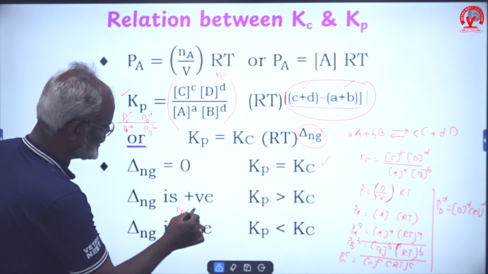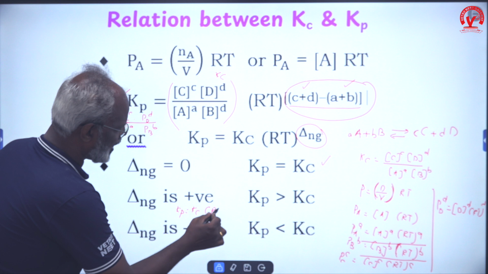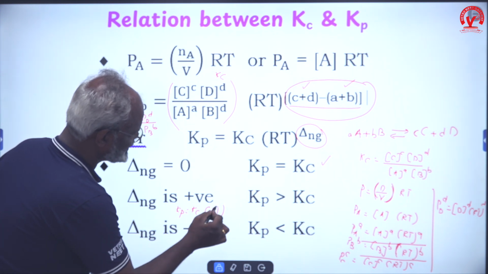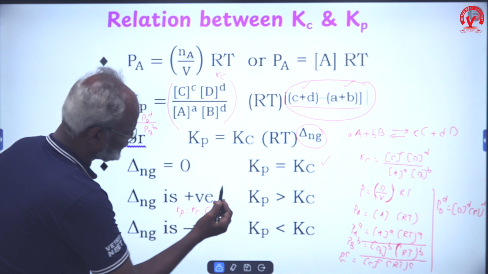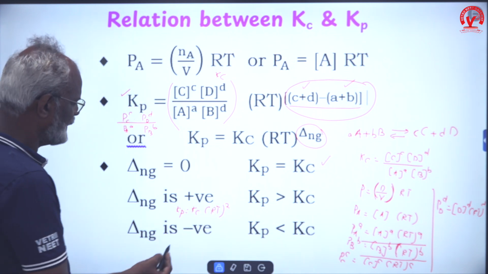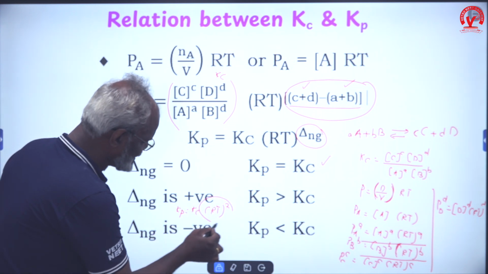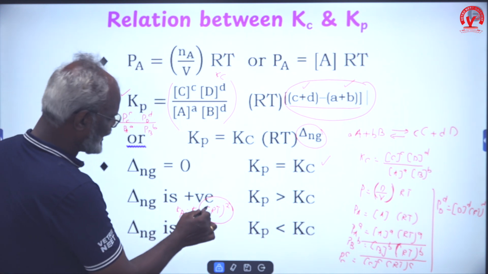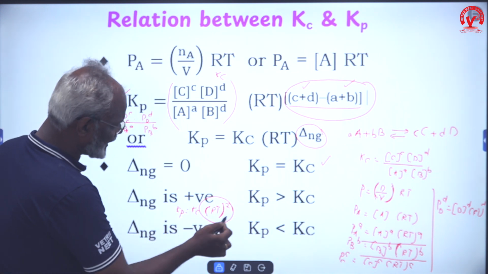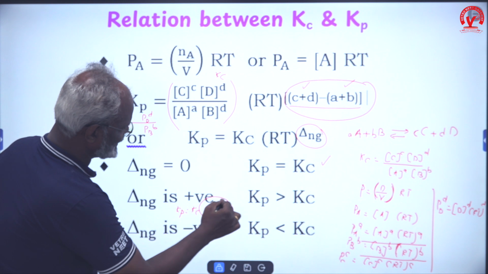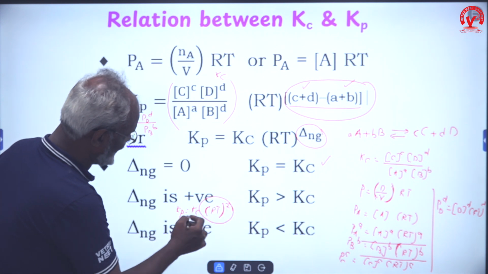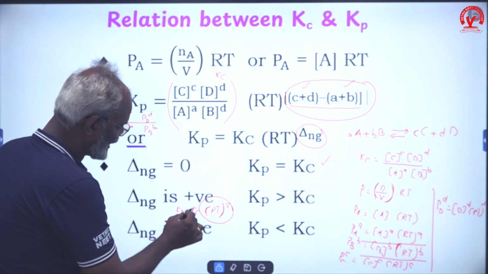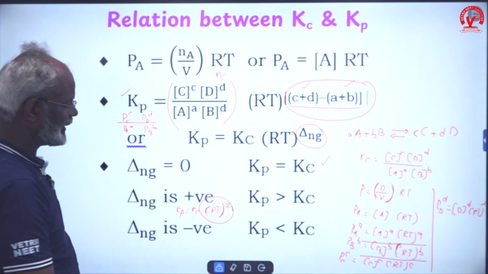Kp is equal to Kc, RT power a positive value, say 2 or 3. I just take an example. So if you multiply Kc by some number, you are getting Kp. The RT will be a positive number, so its square will give Kp, so naturally Kp will be greater than Kc, because Kc multiplied by a number gives Kp.